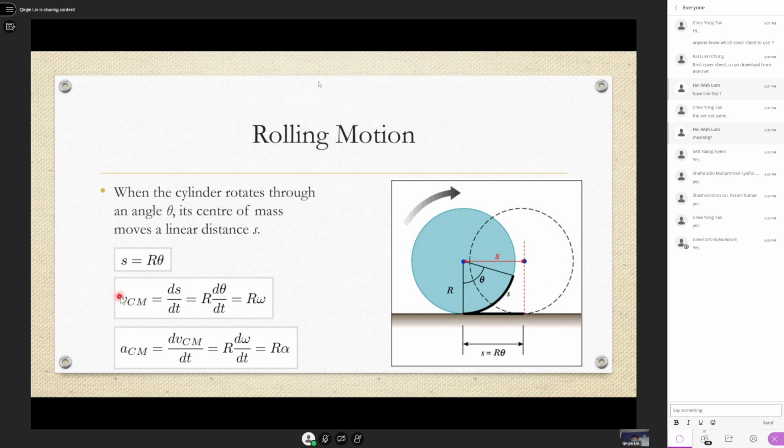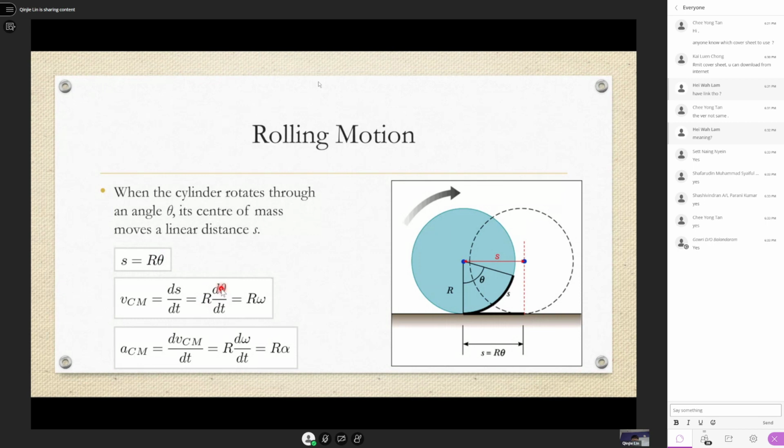Then the velocity of the center of mass. This point moves from here to here, and we want to know the velocity. We will differentiate s. Quite standard: you have s, you differentiate, you get velocity. So you write ds/dt, then that ds you change to R d theta from here.